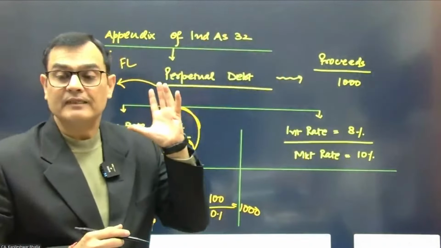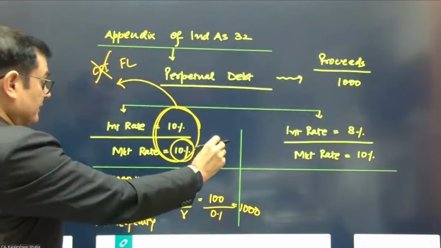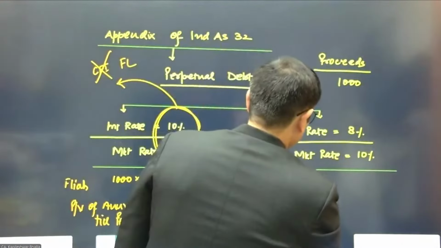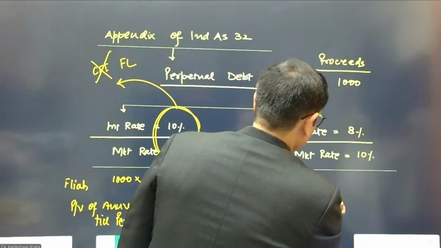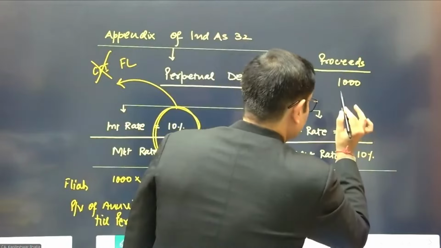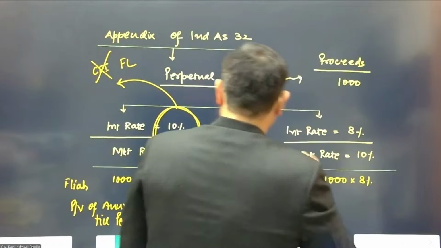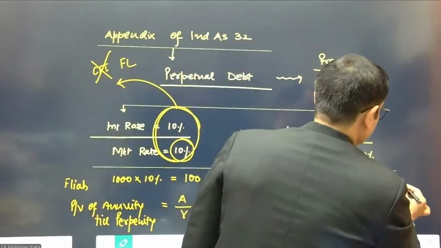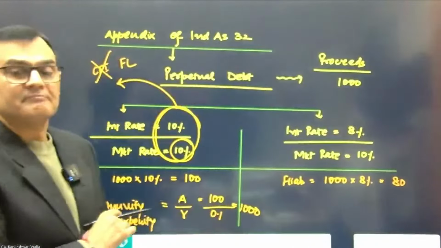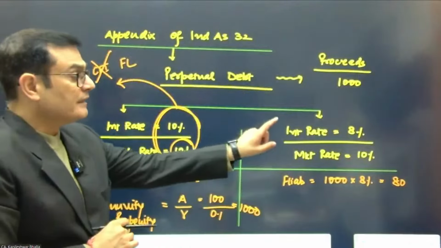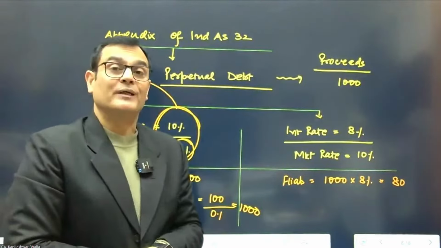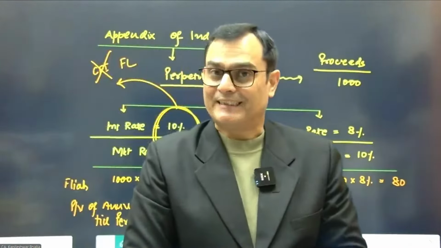So you're making a continuous stream of interest at market rate and renewing the principal, it's a pure financial liability. But if I look at this example, on 1,000 we are paying an 8% interest, and that is 80.